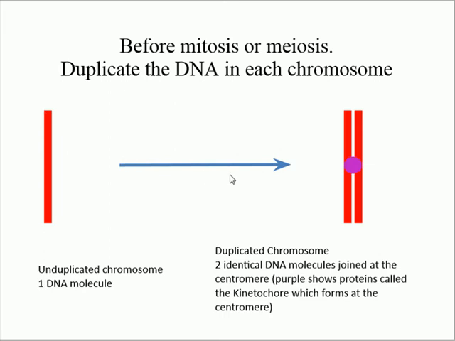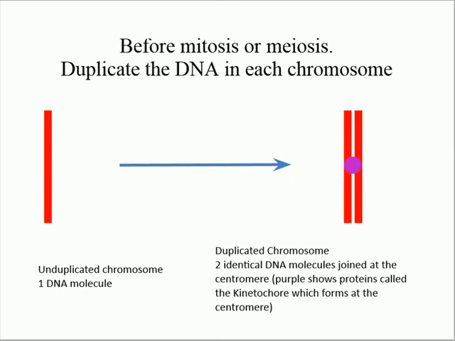After the S phase in eukaryotes, you end up with what is called a duplicated chromosome. It's called that because you've got two identical molecules of DNA after DNA duplication. The purple area represents a set of proteins that are called the kinetochore, and they're involved in moving the chromosomes around during cell division, and we'll see that in a little bit.